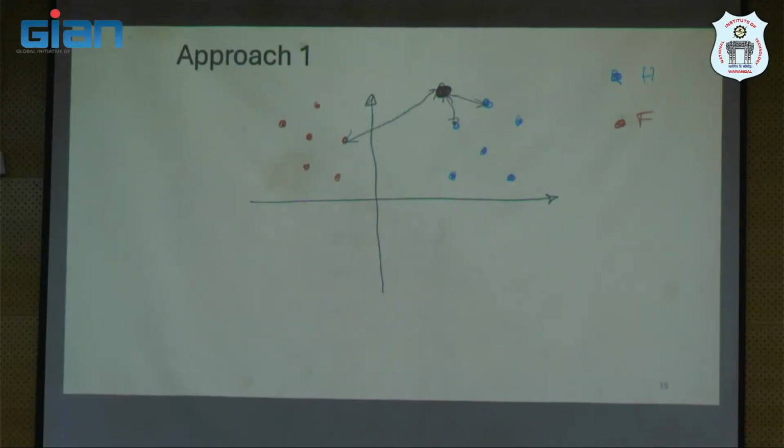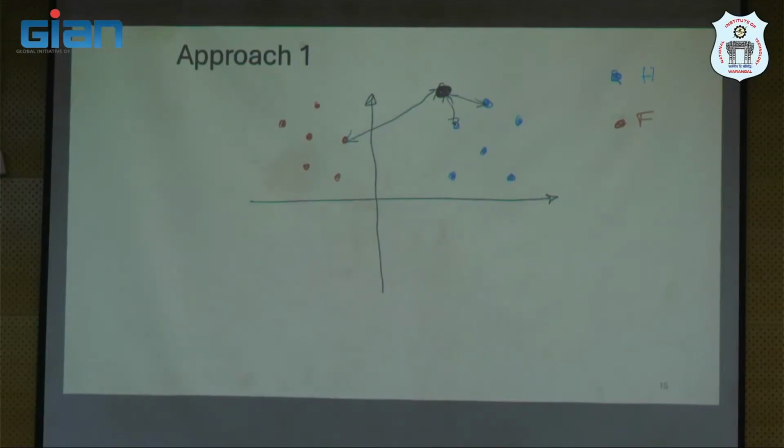It's very clear that this is the shortest distance, and that shortest distance point corresponds to a healthy point from the training data set. Right? It is like a saying you all would have heard: you tell me about your friends, I will tell you about yourself. Right? So if your test data point is close to healthy, then we say that it should also be healthy. So this is one method you can use to classify.